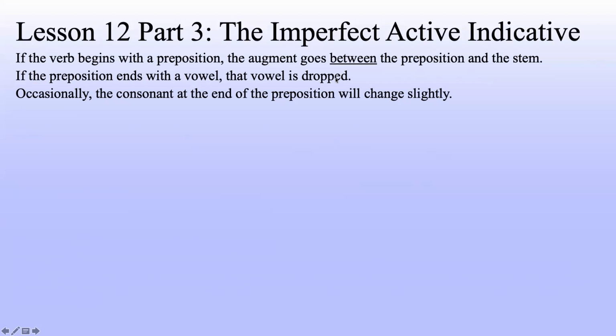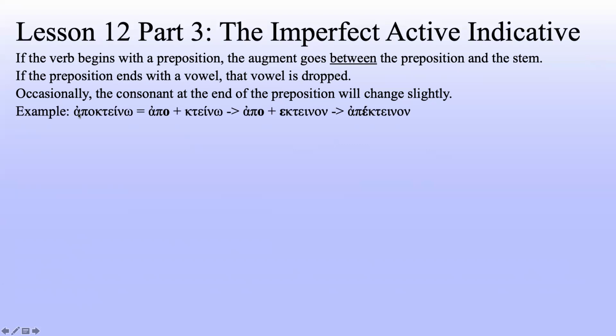If they're two syllables and they end with an omicron or an alpha, the omicron or alpha will drop before another vowel. That's the same thing that's going on here, except the preposition is attached to the verb, but it is actually technically still two words, even though it's all together and there's no space in there. Then we've seen before, like apo became aph, or epi became eph, or kata became kath. We've seen that happen before. It's not as common to happen here, but there are a few that do that.